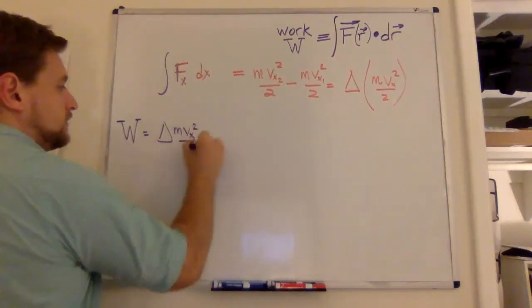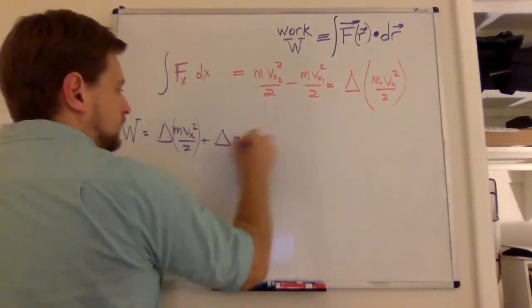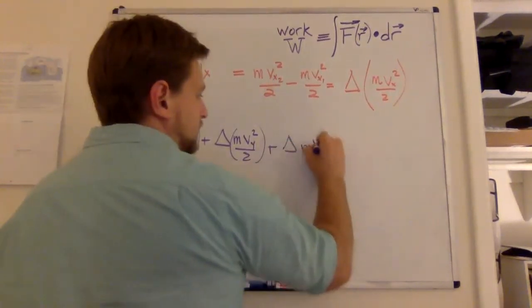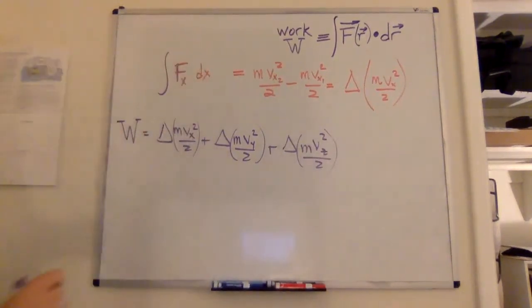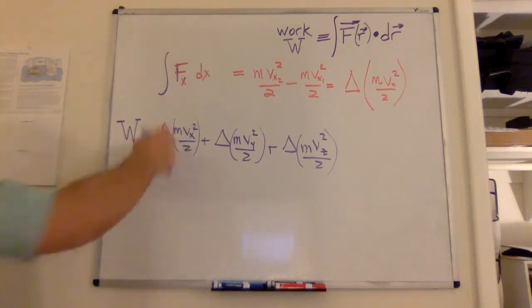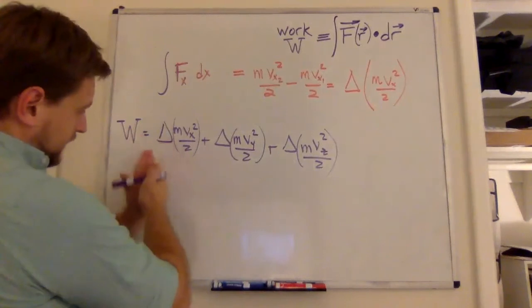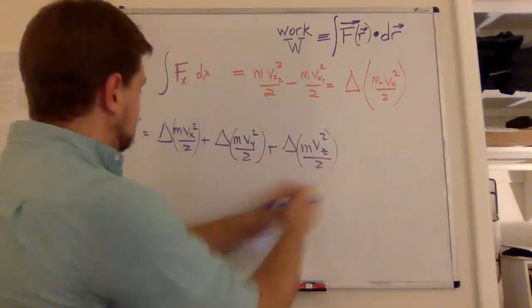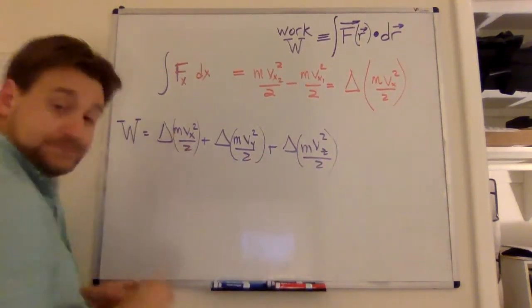So the work is apparently delta mvx squared over 2 plus delta mvy squared over 2 plus delta mvz squared over 2. Now, m and 2 are constant, right? So this delta is going to be final minus initial, and then final minus initial, and then final minus initial. Each one of those six terms is going to have an m and a 2.